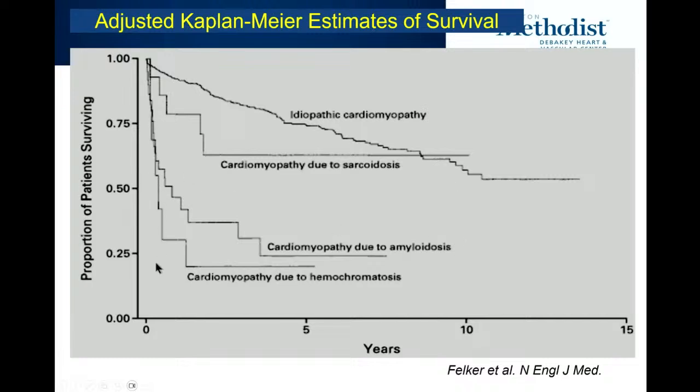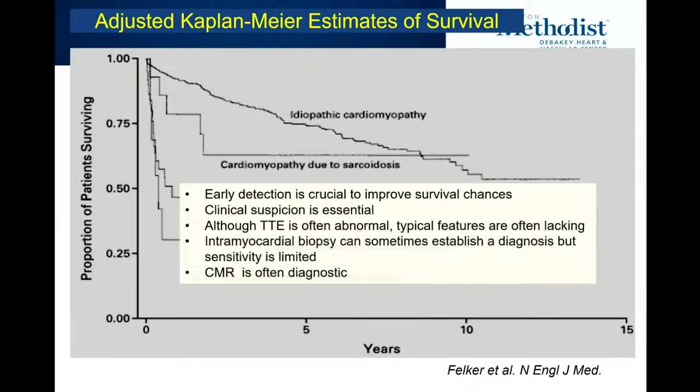You look at the infiltrative diseases, very few people are left at 10 years. And for example, hemochromatosis and amyloid, you don't even get to 5 years. So these are diseases that are extremely lethal. And the good news is that there are therapies, even for amyloidosis, that can alter that course. So early detection is very important.